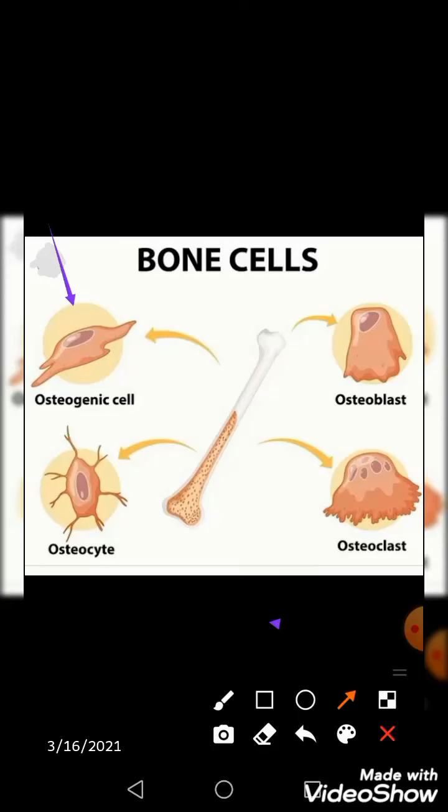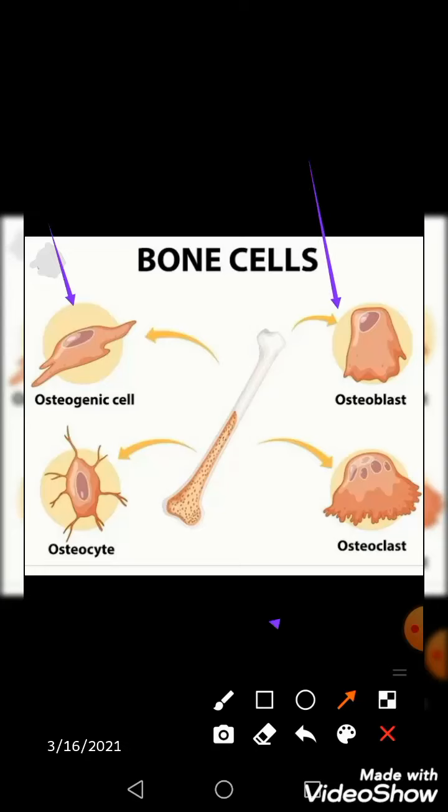And what's special about it is that, as they are the bone forming cells, they have the potential to divide mitotically throughout life. And if they are stimulated, like in any injury, they have the capacity to differentiate into the second type of bone cells called osteoblasts. So you can say that they act as the inactive form of osteoblast.